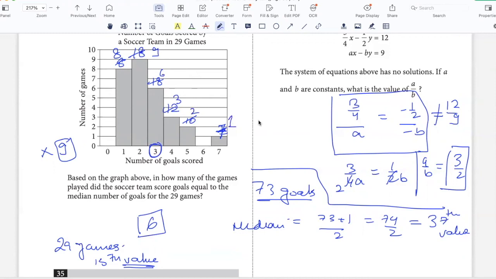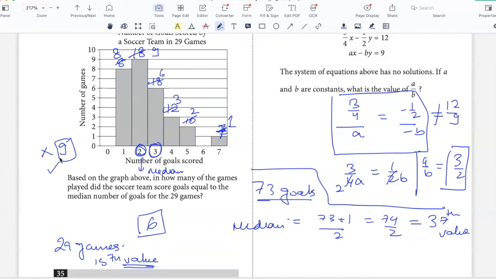I'm supposed to look at those. And for these games, the 15th value would obviously be 2. So the number of goals scored, the median becomes 2. And so in 9 games, you get 2. Is that how they are approaching it?